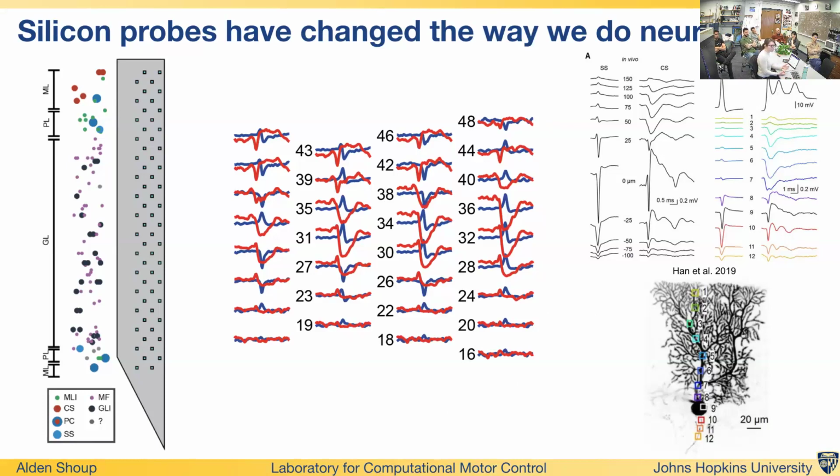It guides us in our understanding of our modulations, what we're looking at, and how we can better record from the brain and the region that we're in. To give you an example here, we have our molecular layer up here. You have your Purkinje layer here and your granular layer here, and then another Purkinje layer and molecular layer. This is the pretty typical structure of the cerebellar cortex. By having this layer structure, when these neurons are unlabeled, we're able to look at which way our Purkinje cell is facing based on the simple spike or mostly the complex spike shape.